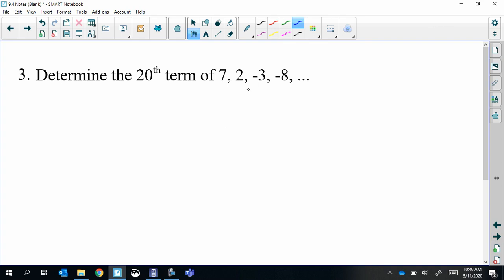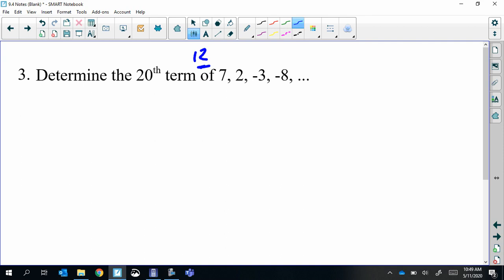All right, we're going to find the 20th term. Personally, like I've said, I like the dn plus a0. So let's find the term going back a step. From right to left, it's increasing by 5, so if we increase by 5, this would be 12.